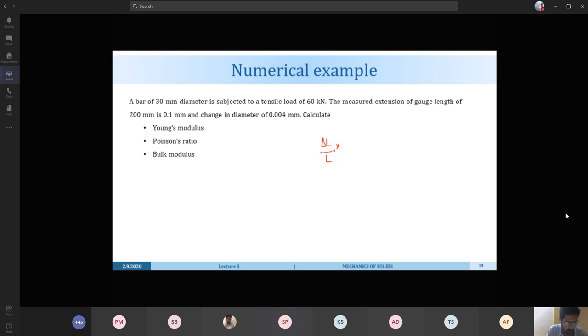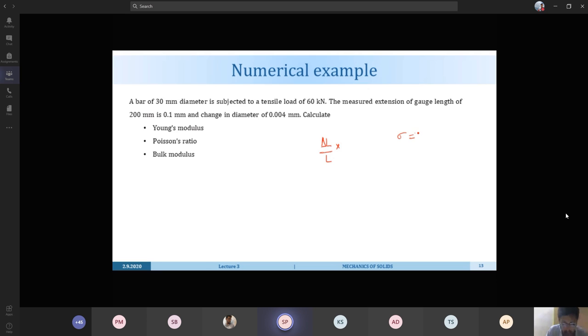I am not understanding what you are telling me. See, what is the expression? What is Hooke's law here? Hooke's law: stress is directly proportional to strain, but at some point after that it does not follow the proportionality.